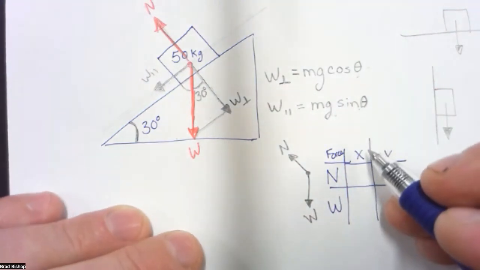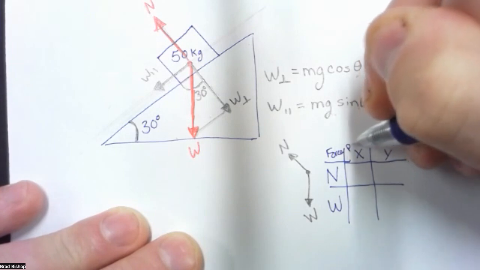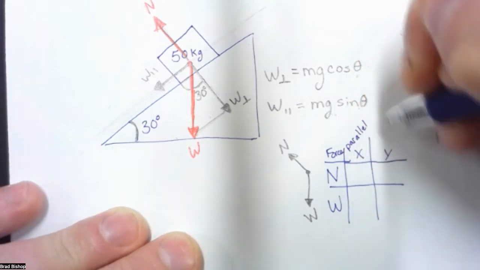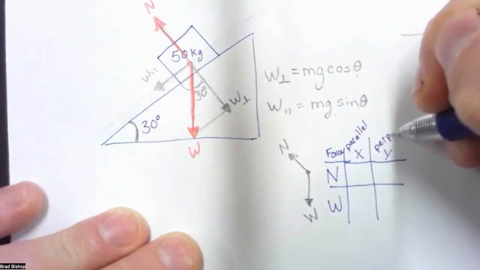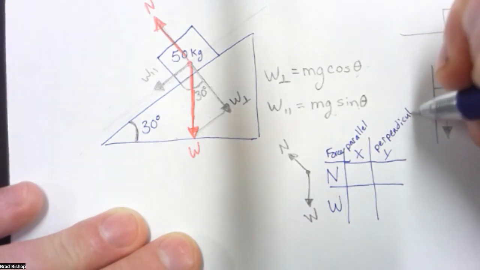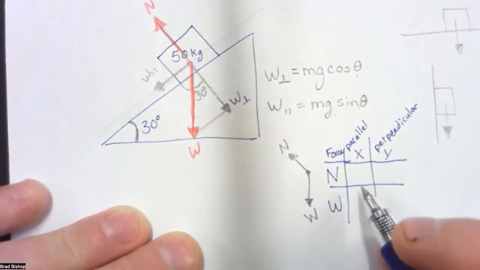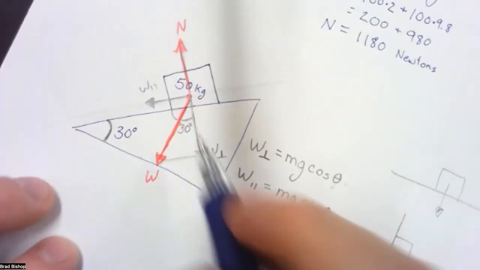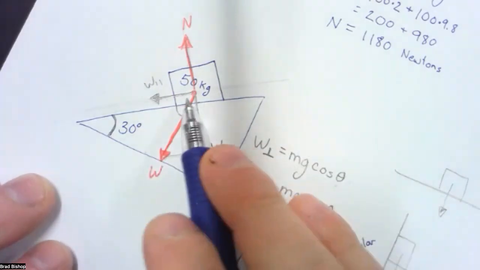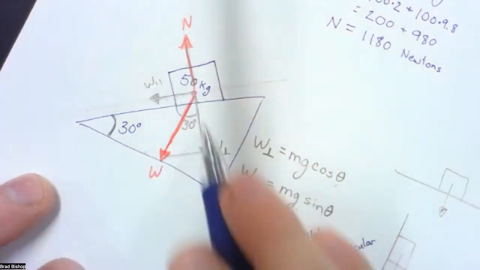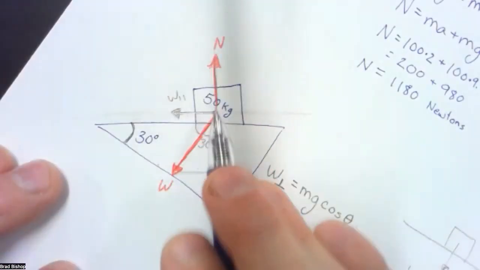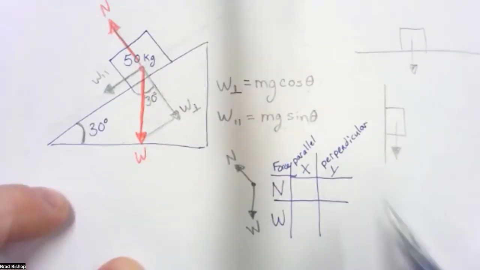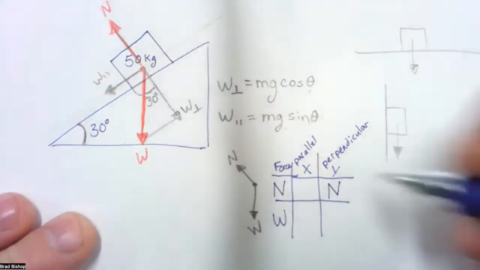In this case, I'm going to think of x as the parallel direction and y as the perpendicular direction. The normal force is in the positive perpendicular direction or in the positive y. Essentially, we're looking at our problem as if this was the x-axis and this is the y-axis. So normal force would be up, positive y, or positive perpendicular. So I'm just going to write that in here.